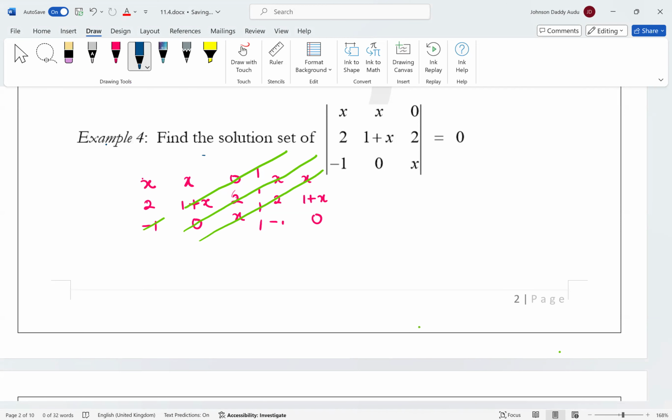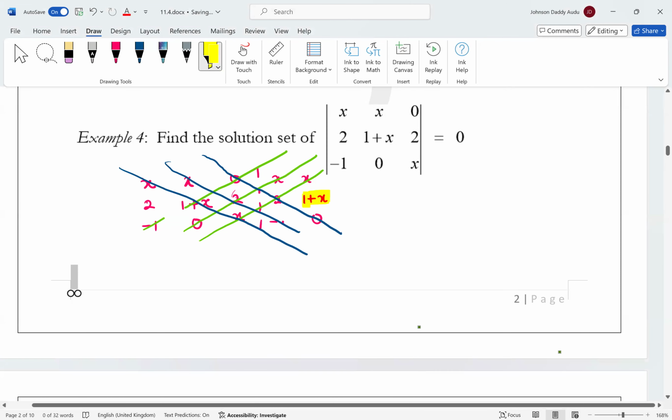So the main diagonal will connect this, and this one, right? So just like I said before, you see that these two, they are free.